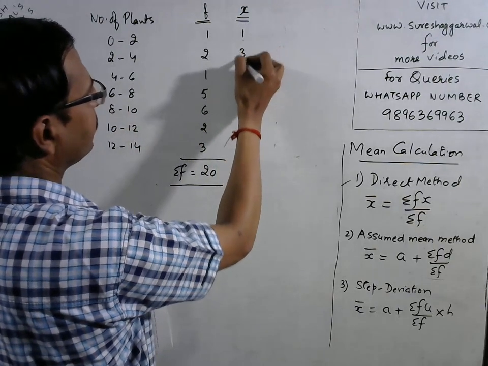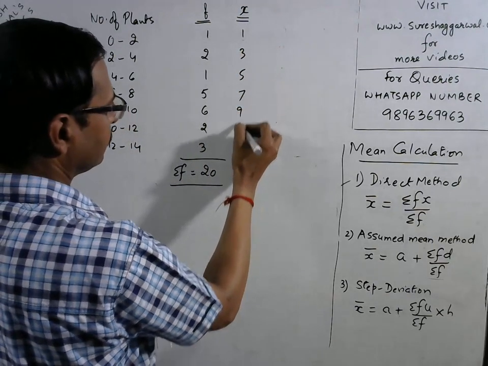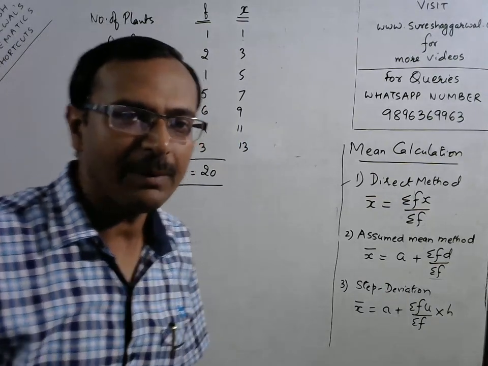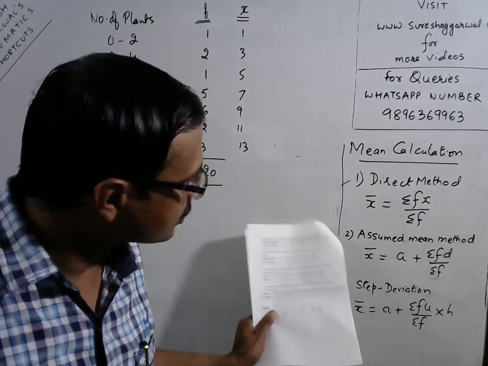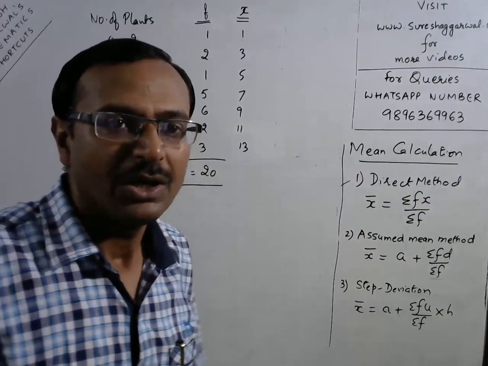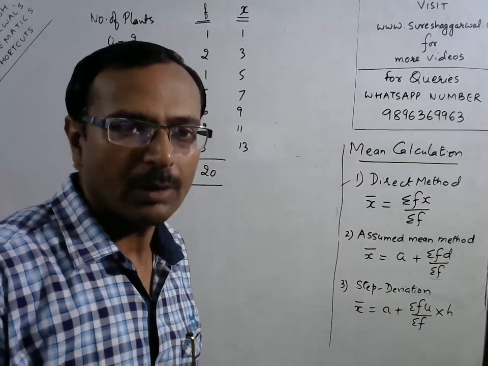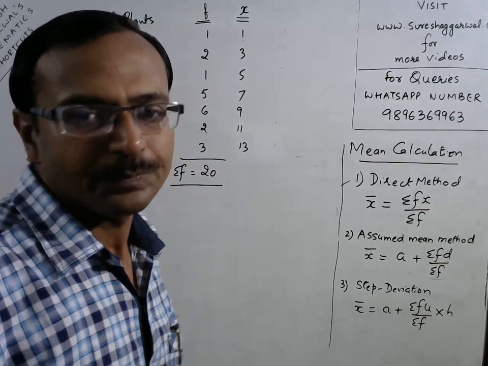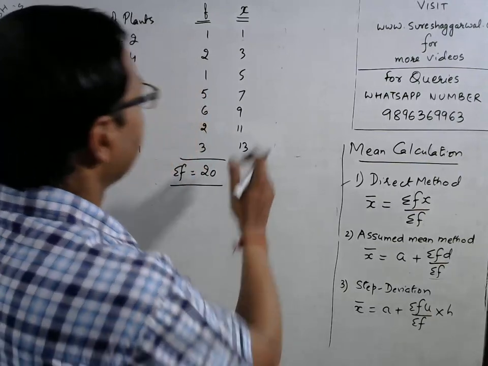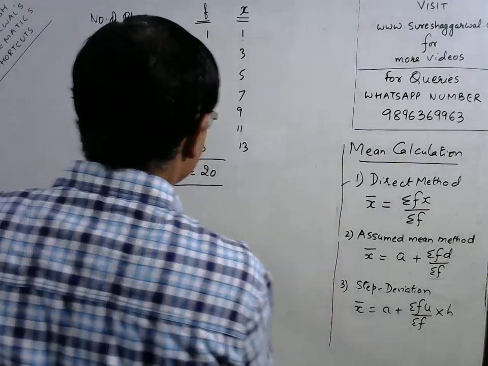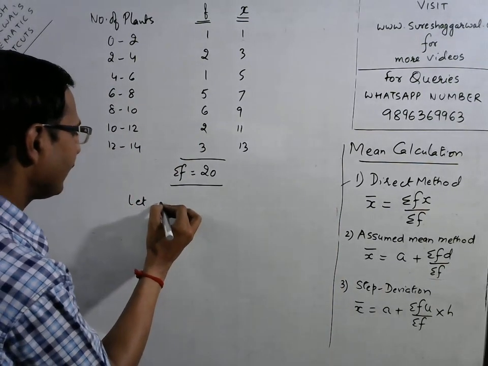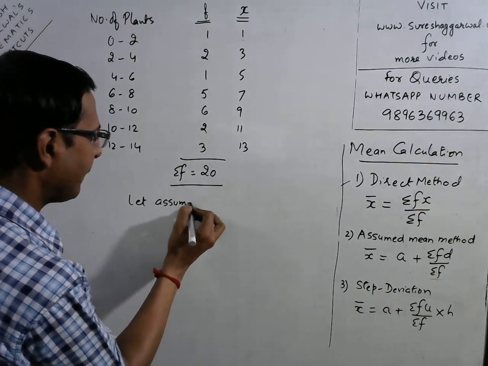So I will write it again. So x is a compulsory part. In every method, whether it is direct method or assumed mean method or step deviation method, you will have the column of x which is required. Now, in the next method, what we do is we assume a mean.